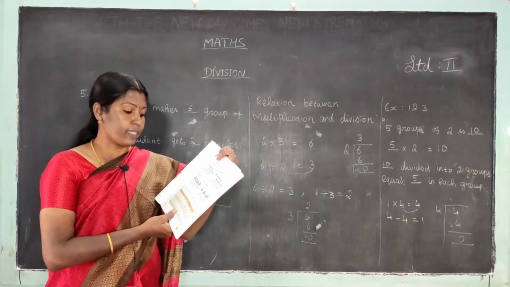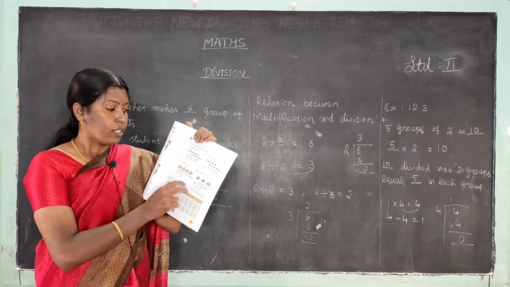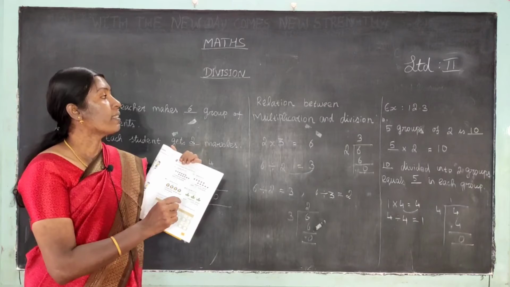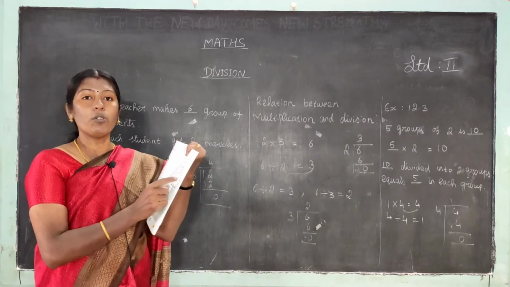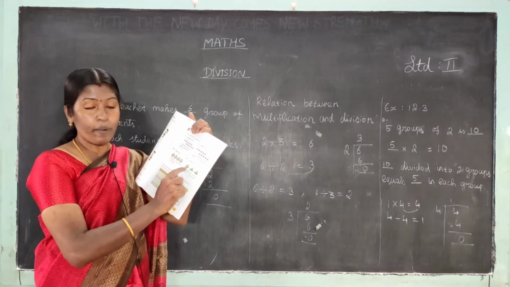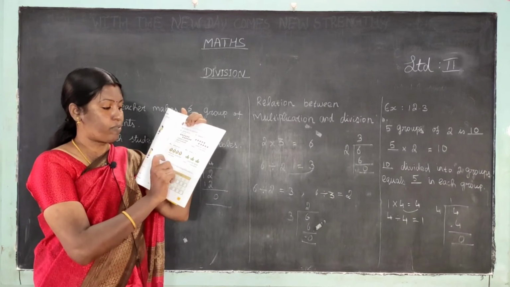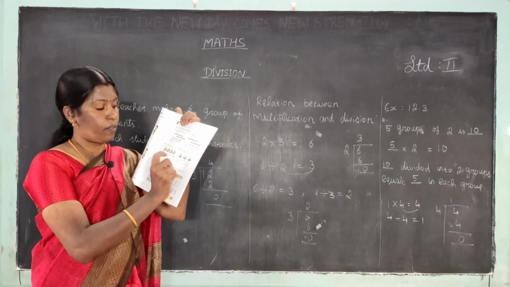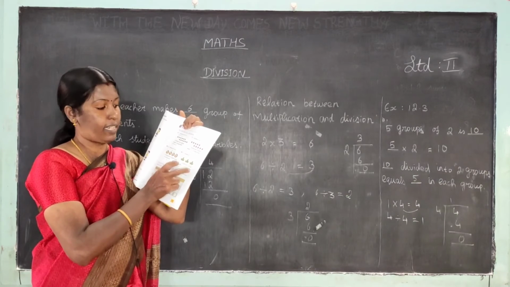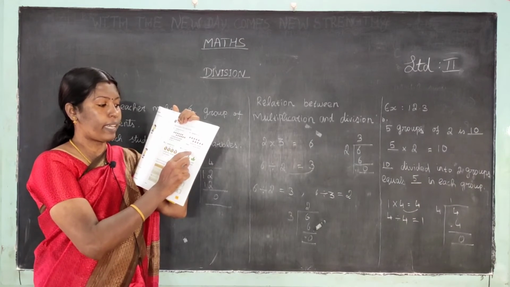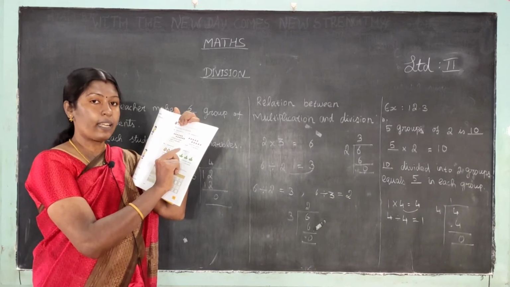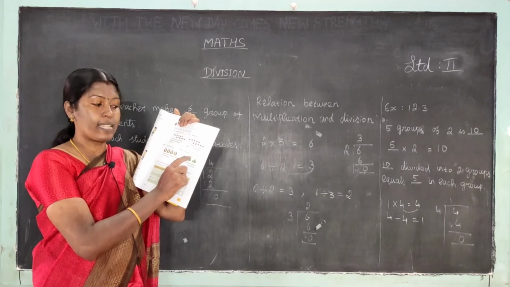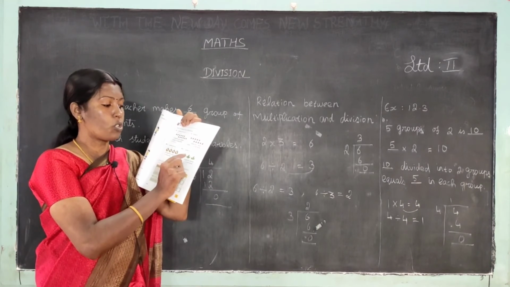Okay, next you see the D sum. You see 3 groups of 3, that is 3 into 3. Here you see how many green leaves are here. Only one group here, 1, 2, 3. Only one group and 3 leaves are here. So 3 group of 3 is 3 divided by 3. And here dash into dash equal to what? 1, 2, 3.